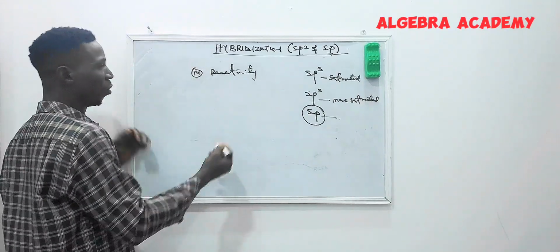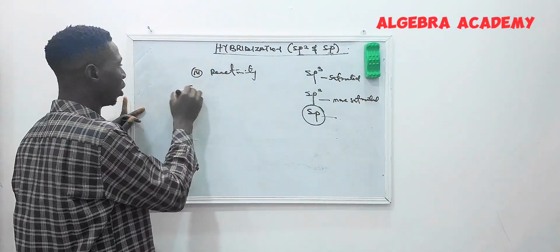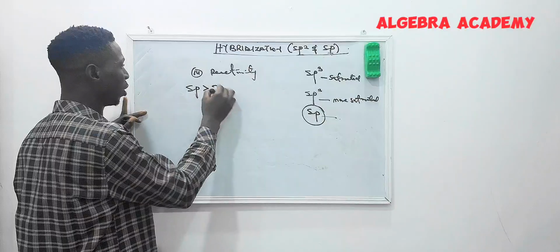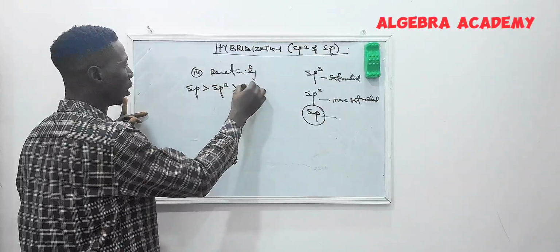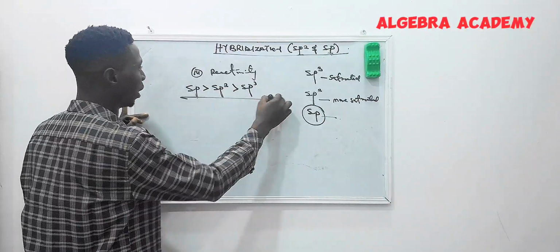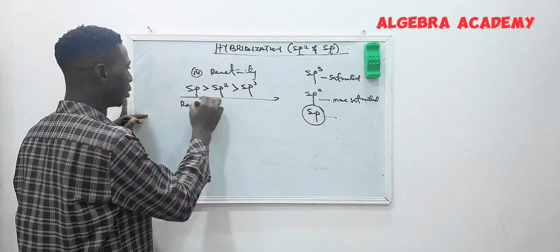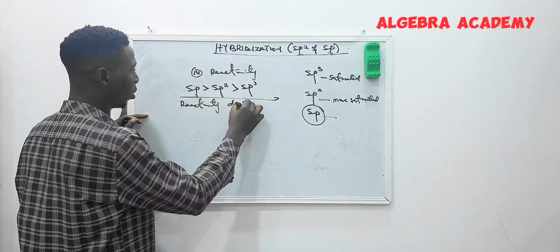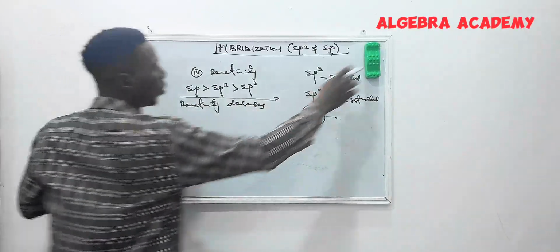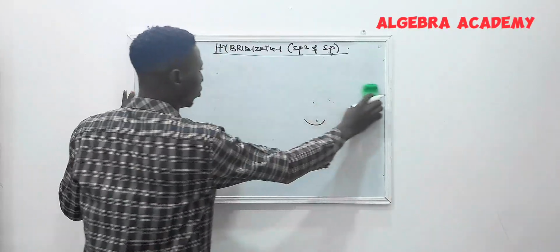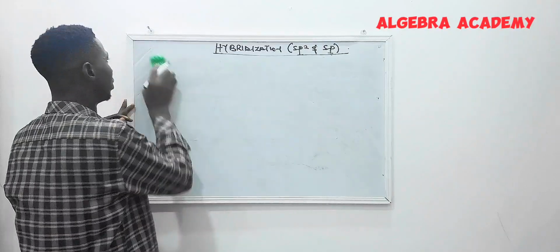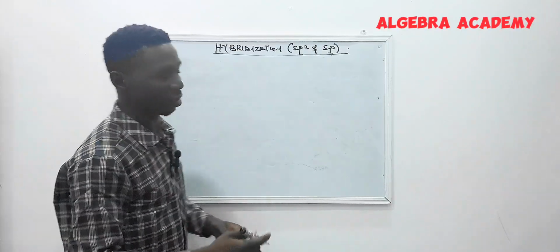So on the level of reactivity, relatively, sp is greater than sp2 and greater than sp3. Reactivity decreases. So those are the three important characteristics of sp, sp2, and sp3 that we're looking at.